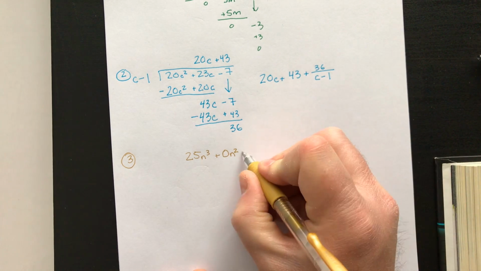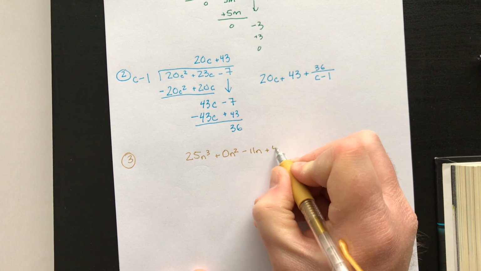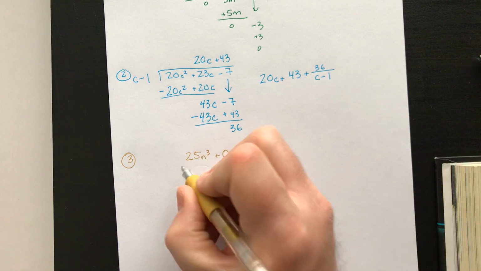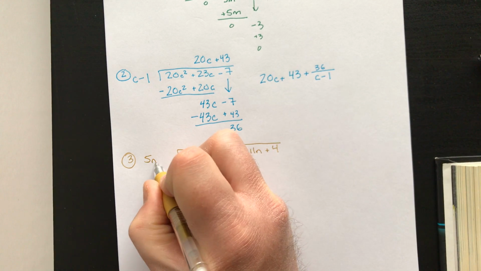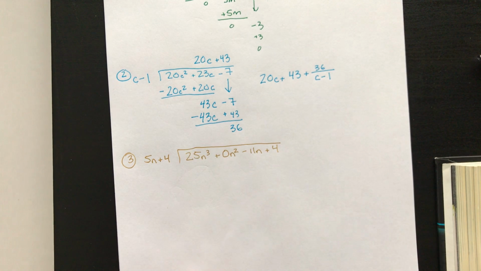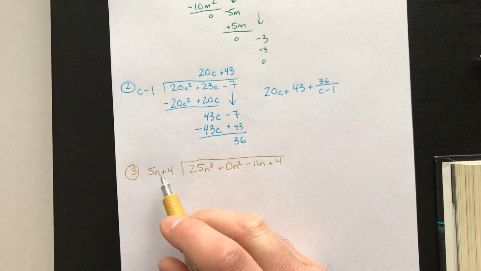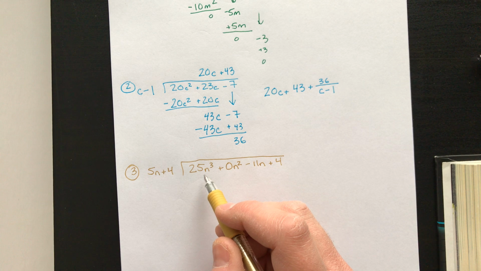And then we can say minus 11n and then plus 4. And that's divided by 5n plus 4. Okay, just like that. Now, we need to think, what number multiplied by a 5n will give us a 25n cubed?